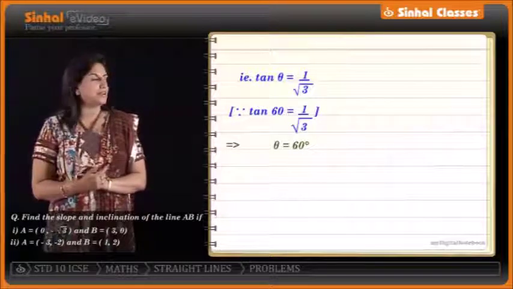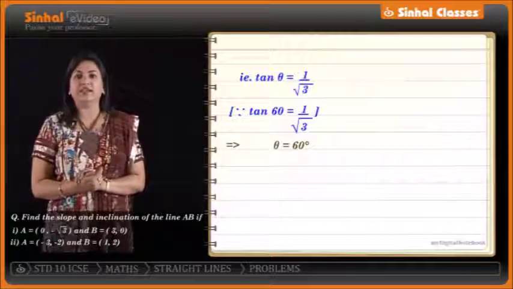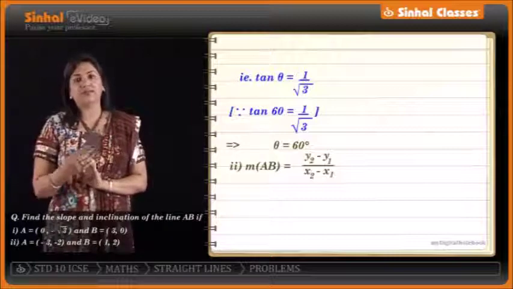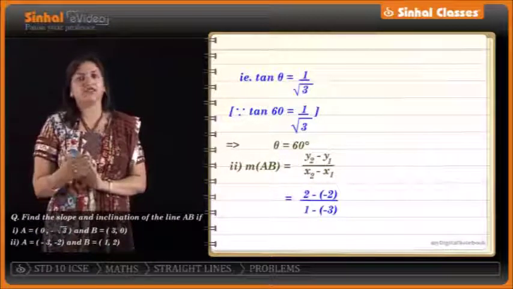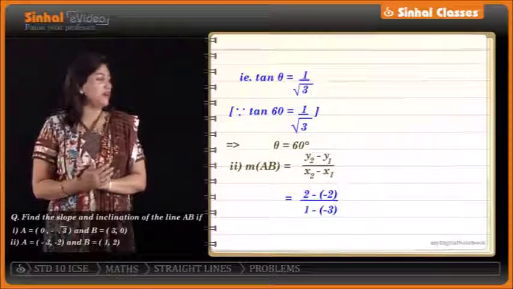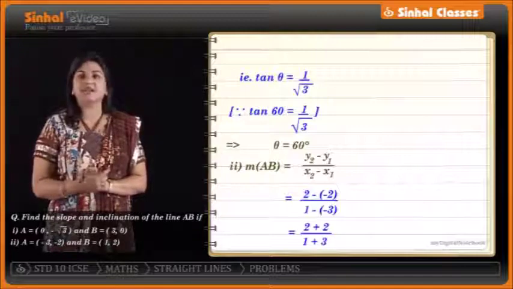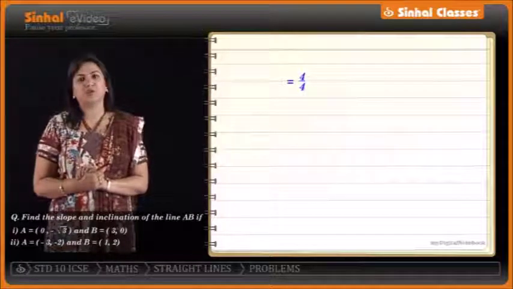Now the second part in this, we are given again 2 points A and B. Their slope can be obtained as 2 minus of minus 2 upon 1 minus of minus 3. Simplify: 2 plus 2 upon 1 plus 3, that is 4 upon 4, which is equal to 1.